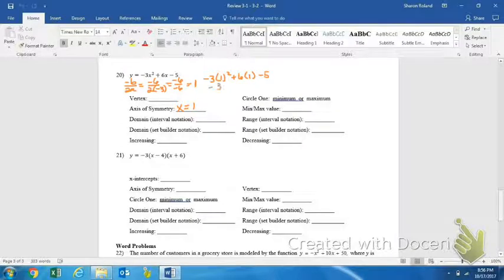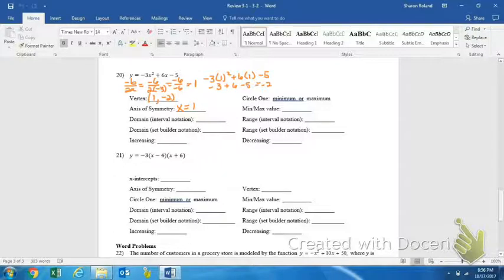So that's negative 3 plus 6 minus 5, and it's going to be negative 3 plus 6 is 3, minus 5 is negative 2. So your vertex is at 1, because that's your axis of symmetry, negative 2.